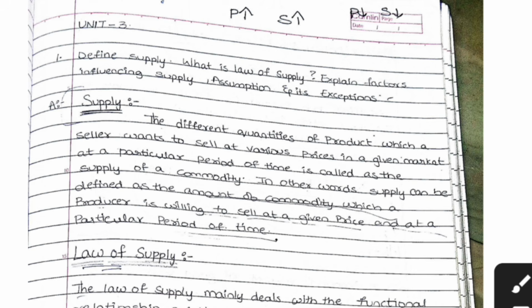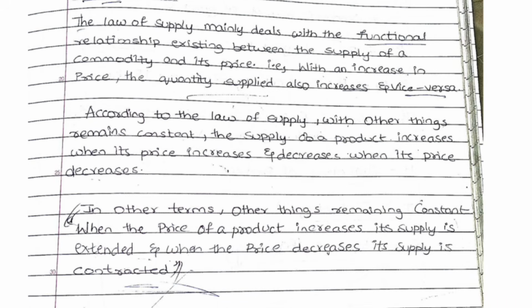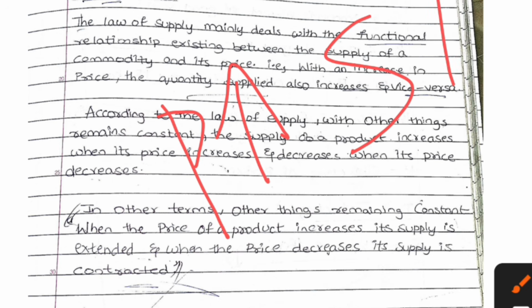For example, a product price is 10 rupees. How much the seller is willing to sell that product to the customer is the law of supply. What is this law of supply? How do you need to remember it? A simple thing: when price increases, supply also increases.